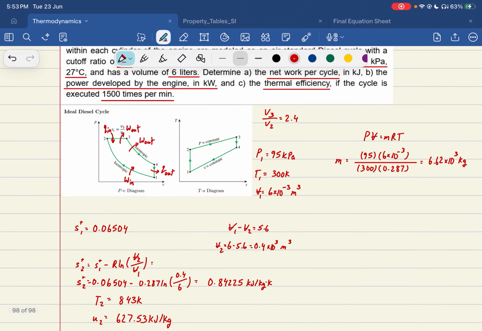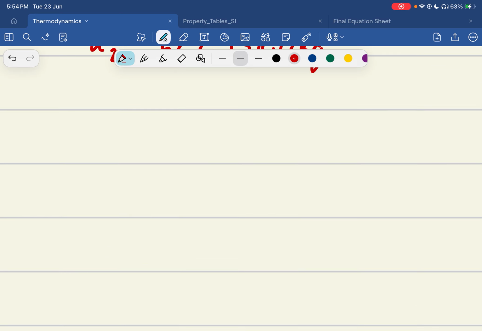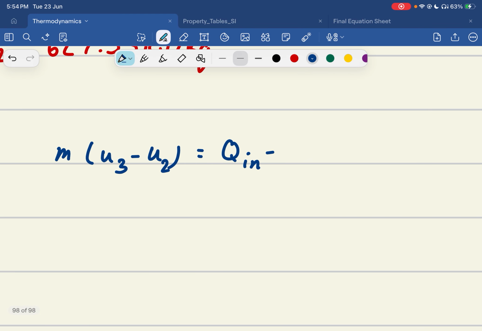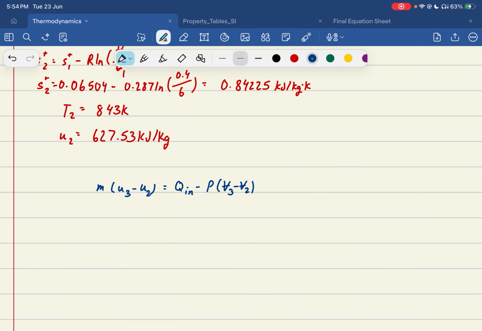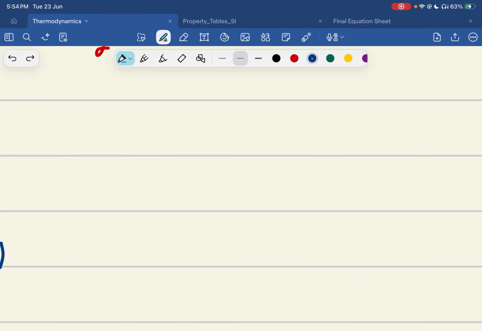So we have right now from our energy balance from 2 to 3: U3 minus U2 times the mass equals Q in minus the work out, and the work out is boundary work. So we have P times V3 minus V2. And we can calculate V3 from this. So we can say 2.4 times V2.